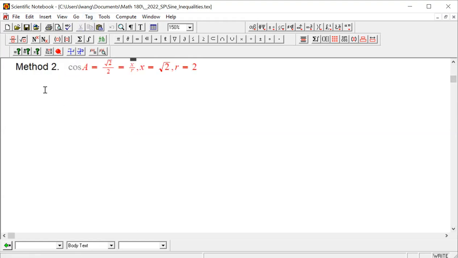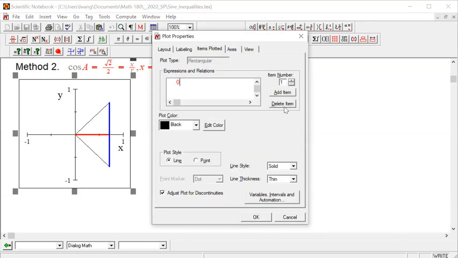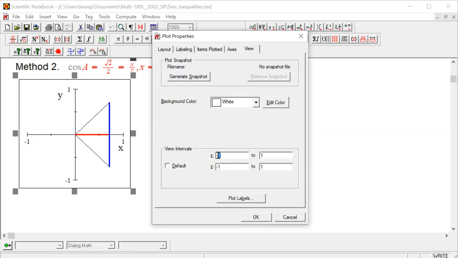So I'm going to take this picture and draw you the x equals root 2 and r equals 2 picture. Of course, we need a larger area. What I actually want to remind you of, when we talk about the unit circle, is to reflect on that piece.